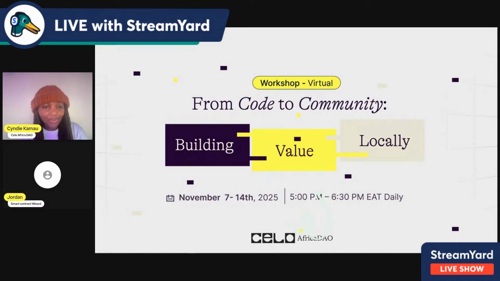Today we're going to talk about building mini apps on Farcaster and plugging in Celo. Over the course of the week, we're also going to talk about the X402 agentic payment system, which was developed by Coinbase. Without further ado, we can get Jordan to first introduce himself before we continue with the workshop today.